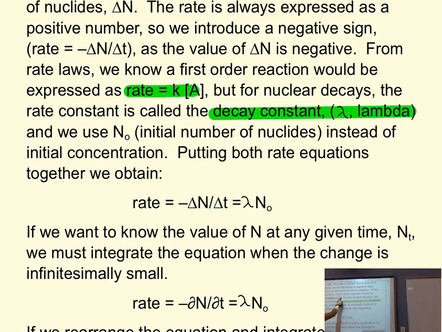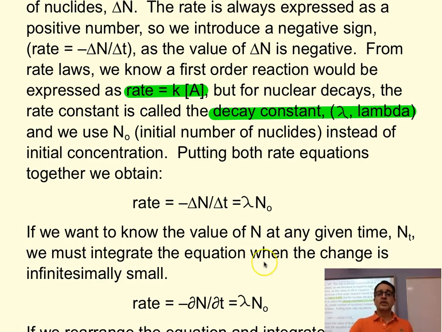All right, and we are going to build something like we did for the rate laws. The derivative rate expression can be the constant lambda times the initial number of nuclides that we had, capital N sub naught.